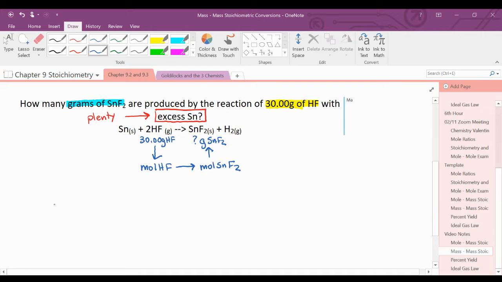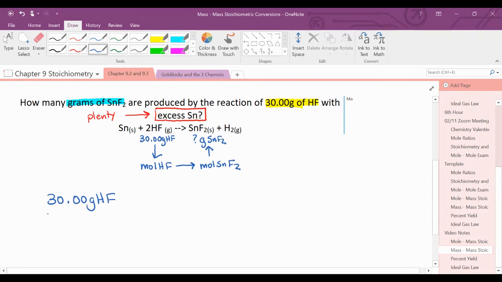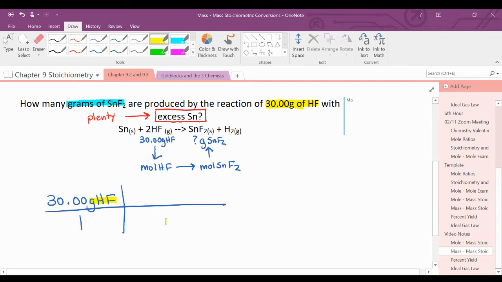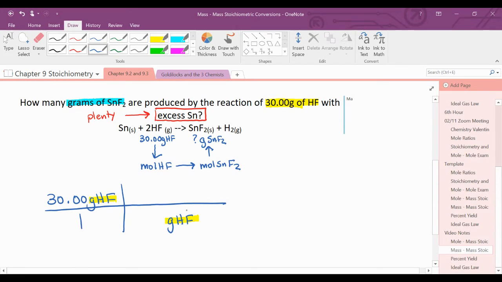So I'm going to start with what I was given, 30 grams of hydrogen fluoride. The units I started with are going to move down to the bottom of my first conversion factor.